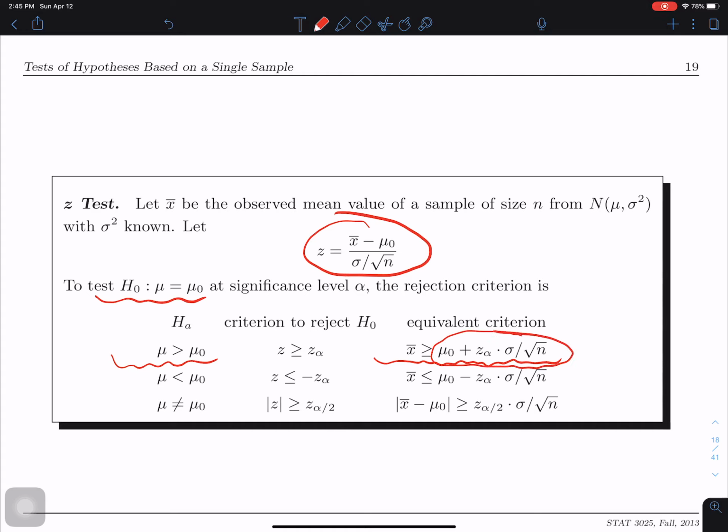Similarly, if your alternative hypothesis is this, then you should reject the null hypothesis when your observed value x bar is less than or equal to this quantity. And when your alternative hypothesis is mu not equal to mu 0, then you should reject the null hypothesis when the absolute difference of x bar and mu 0 is greater than or equal to this quantity.